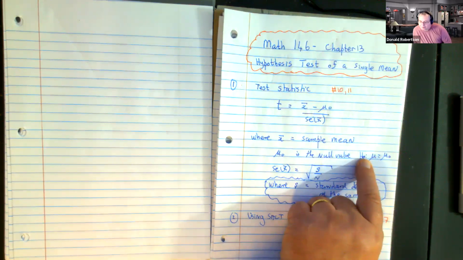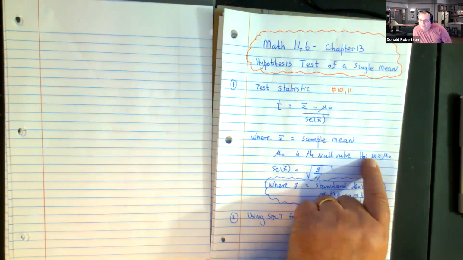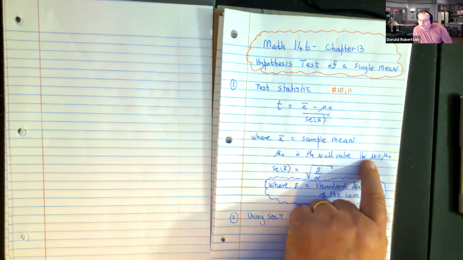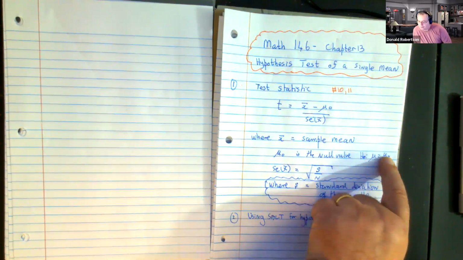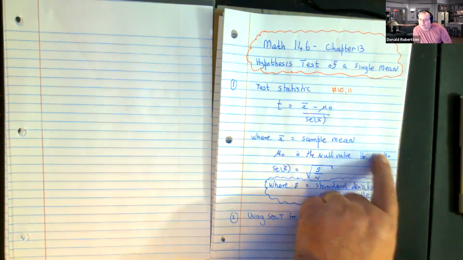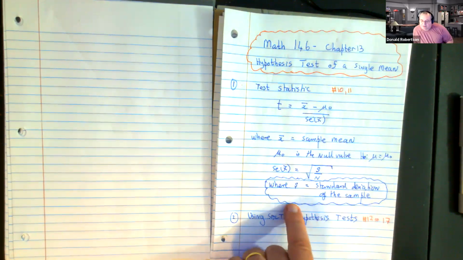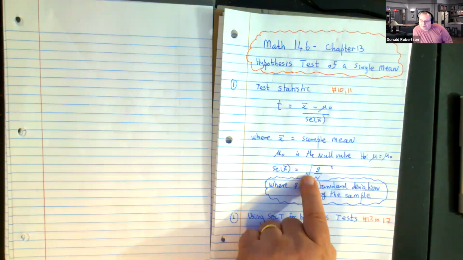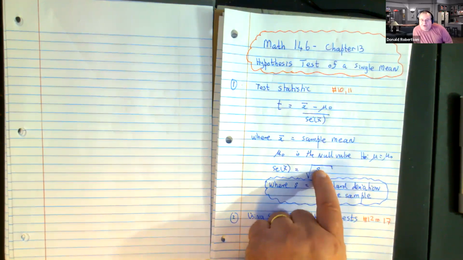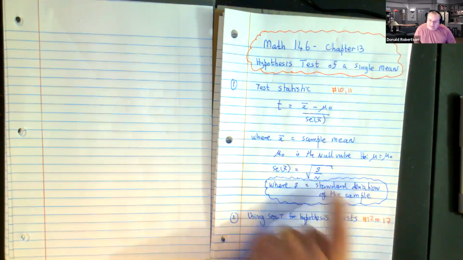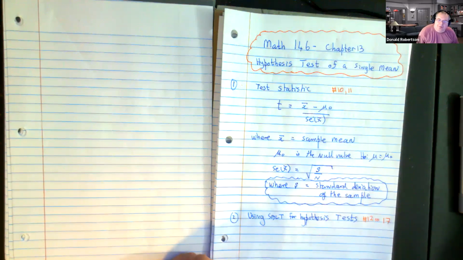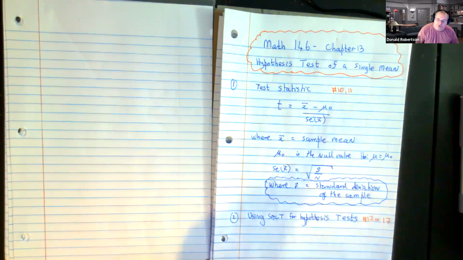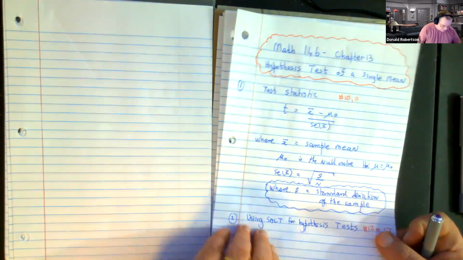Whenever you have a hypothesis, isn't there always a mu equals 20, a mu equals 100, a mu equals something? That number, that something, is what goes there. And then the standard error is given by this formula, the standard deviation over the square root of n. If you put that package together, you will be able to calculate the t-score.